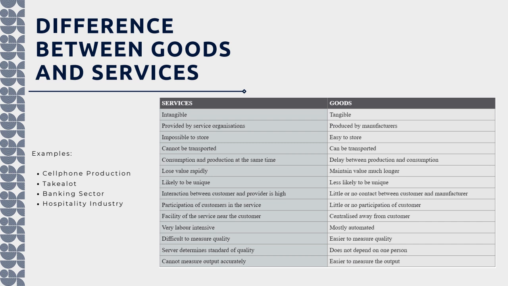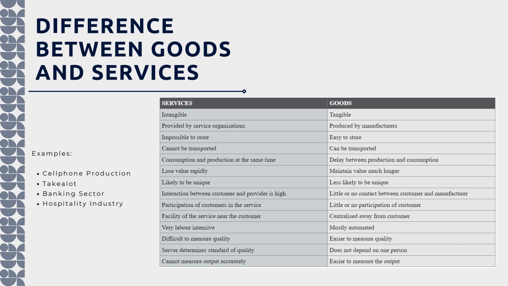By highlighting this, take it down to your everyday lifestyle and where you go. You need to understand the difference between something that's tangible and intangible. What is a good, what is a service? And try to unpack how operations fits within each category.